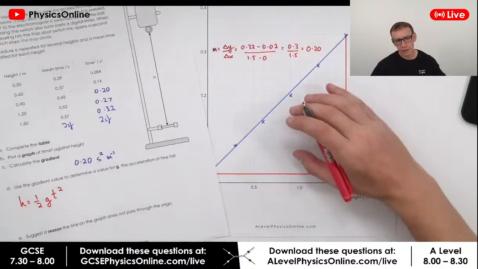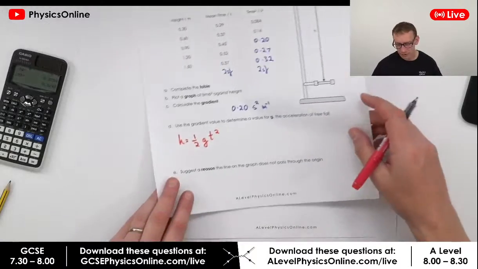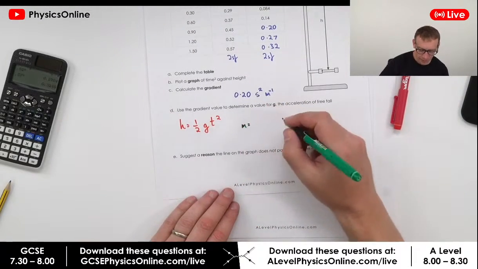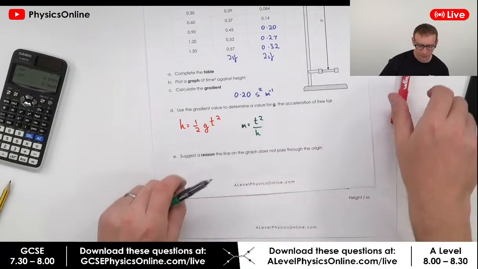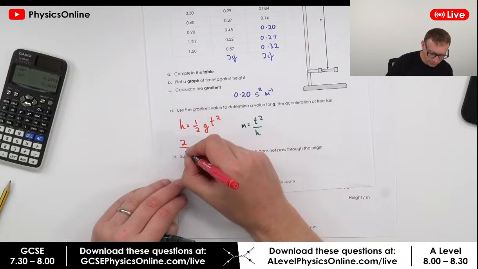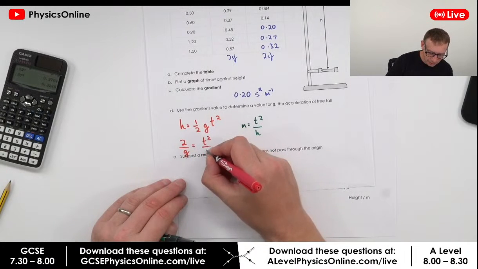Now, we worked out the gradient previously as t squared over h. So we can also say that the gradient, I'm just going to call it m, is equal to t squared over h. And if we rearrange this, we could say that 2 over g is equal to t squared over h.